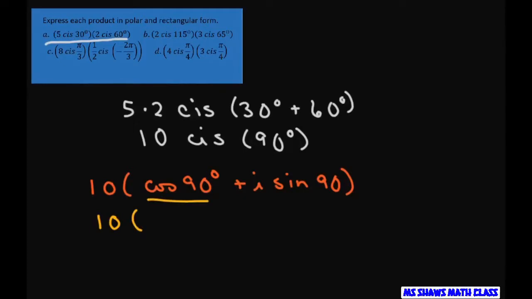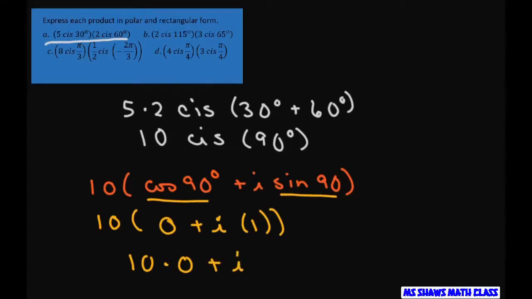Cosine of 90 is 0 plus I, and sine of 90 is 1. So you get 10 times 0 plus I, so 10I. So your final answer is just equal to 10I.